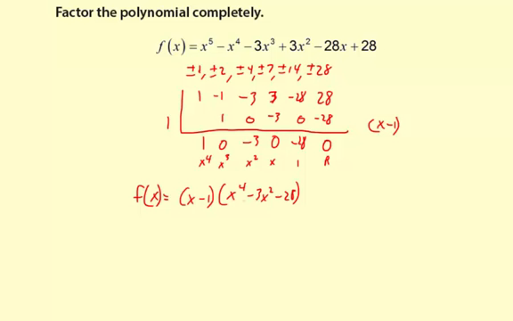So now we need to try and factor this trinomial that has a degree of 4. It looks like it's quadratic type, so I'm going to apply that procedure. -28. So we have to find the factors of -28 that add to make -3. I'm thinking -7 and +4, because -7 times 4 is -28, and -7 plus 4 is -3. So I'm going to factor this trinomial by grouping.